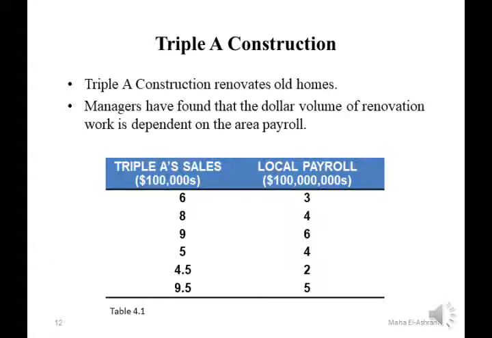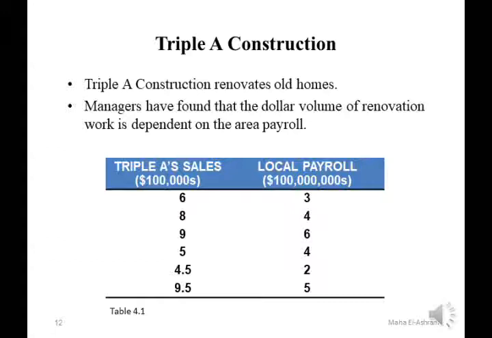The payroll of the workers' salaries in total is represented in 100 million. So for example, for the first case of sales, which is 6, in 100,000, originally it was 600,000 in sales, which came from a payroll of $300 million.